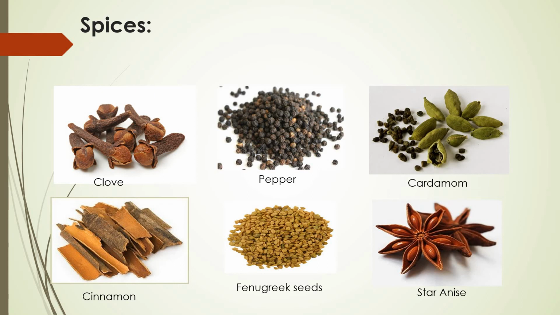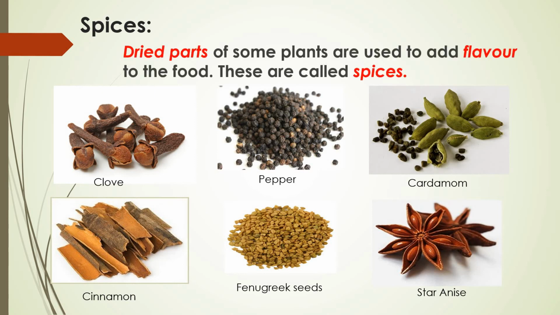And what are these spices? Spices are dried parts of some plants which are used to add flavor to the food. To make our food more flavored, we can add spices. Okay? And some of the examples of spices are clove, pepper, cardamom, cinnamon, fenugreek seeds, methi we call in our local language, and star anise.